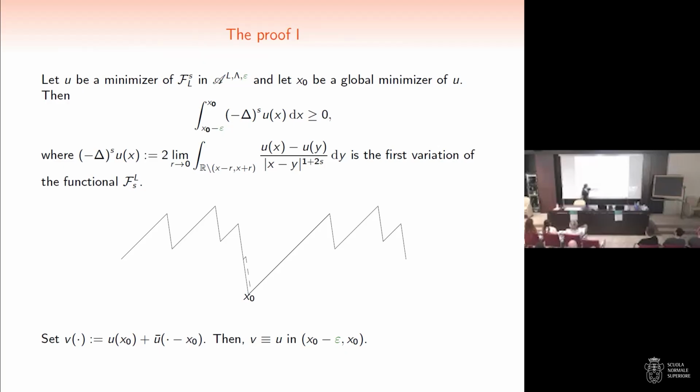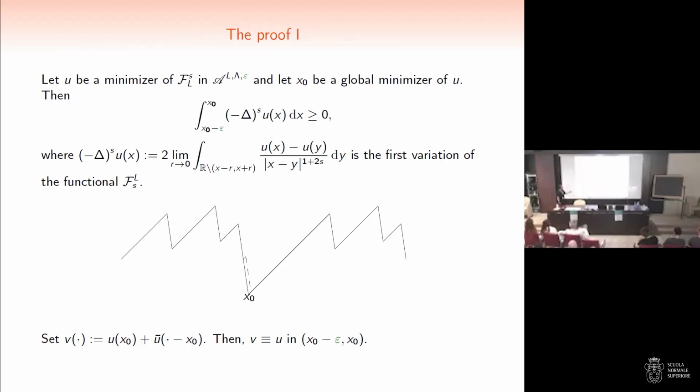But if I am in a situation of multiple dislocations, I can do variations only in one sense. So this is the reason why, at a local minimizer here, the only thing that I can prove is that if u is a minimizer, then the integral over this core of the fractional Laplacian is positive.